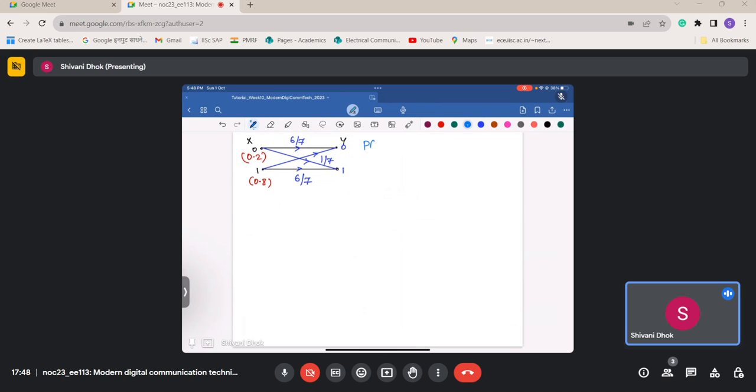This probability of error is equal to the probability that x equal to 0, which is 0.2, into the crossover probability, that is 1 by 7, plus 0.8 into 1 by 7. So this thing is the probability that x equal to 0, and this thing is the probability that y equal to 1 given x equal to 0.